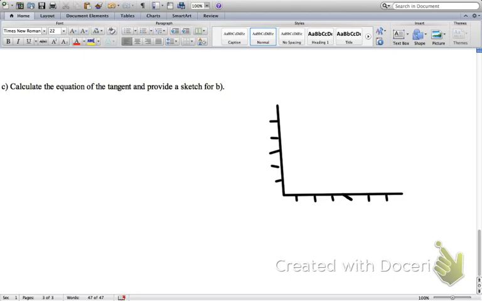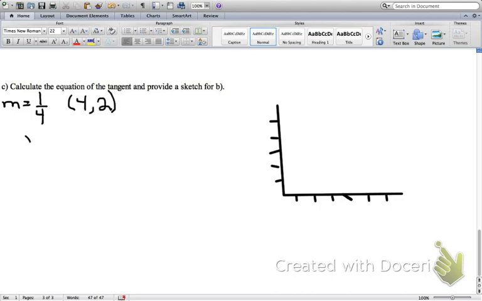And our last part of this example, we want to calculate the equation of the tangent and provide a sketch for b. So we know from part B that our slope is 1/4, and we know a point which is (4, 2).